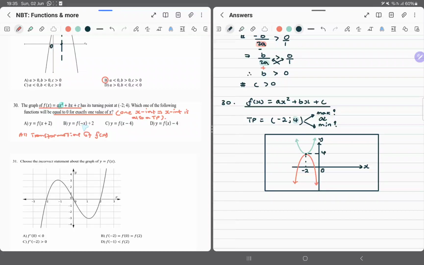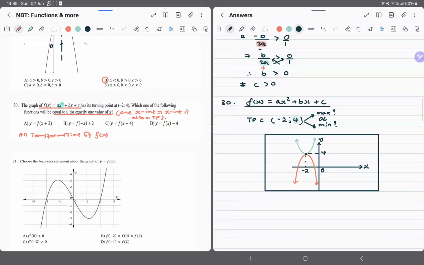This is f of minus x. Once we do that, this is basically a reflection of our graph horizontally, about the y-axis, and shifting it upward by 2 units. Now this is essentially a right horizontal translation of f by 4 units. This is basically f of x shifted down by 4 units.